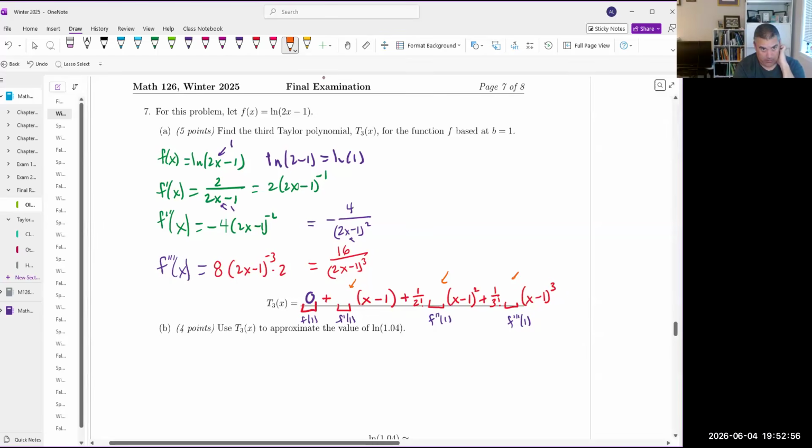I think plugging in 1 gives you a pretty nice number for each one of these. So if I plug in a 1 here, I think I get a 2. If I plug in a 1 here, I think I get a negative 4. If I plug in a 1 here, I get a 16. So I win. 2, negative 4, 16. Did I make any mistakes?